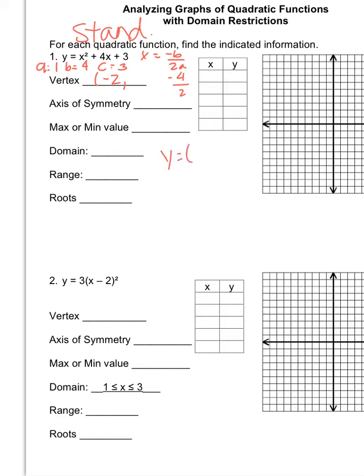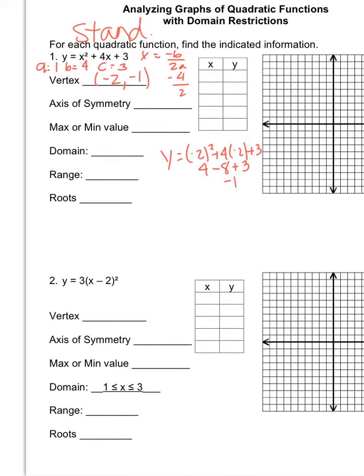That's going to be negative 2 squared plus 4 times negative 2 plus 3. Okay, so negative 2 squared is going to give us 4, and then we're going to get minus 8 plus 3. So that would be negative 4 plus 3, which is a negative 1. So there's the y value of our vertex.